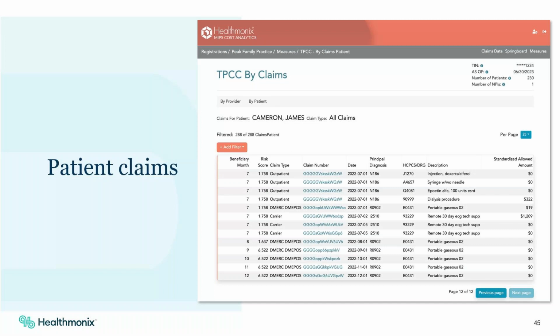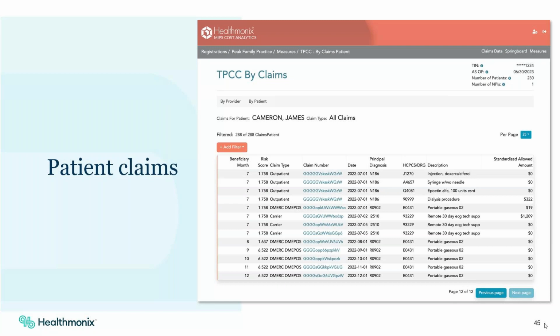Sure. So we saw on that chart, and you can see it reflected here as well, that the risk score from month 7 to 8 goes down a little bit, and then in month 9 it goes way up. And I believe they had a diagnosis of hypoxemia in month 8. So we see that as something that could have that large of an effect on their risk score.